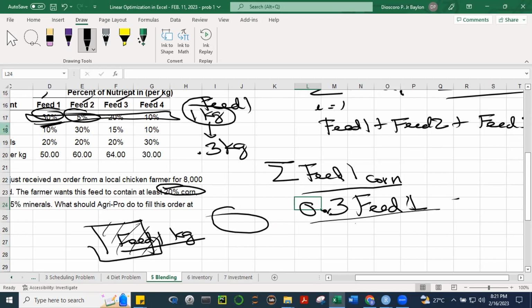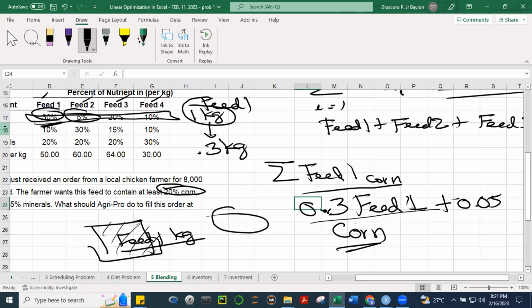Therefore, feed 1 kilograms of feed 1, I should have used another variable, will generate 0.3 times feed 1 kilograms of corn. Is it correct, class? So this is the corn component of feed 1: 0.3 times feed 1.